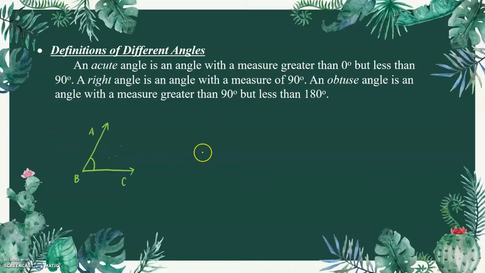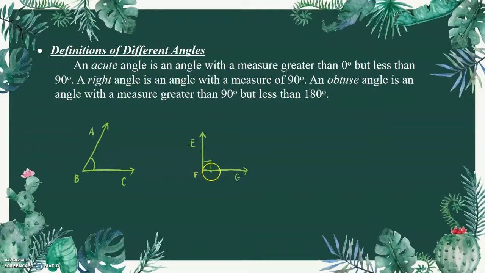Now, a right angle is an angle with a measure of 90 degrees. So, this is a right angle. So, this is angle EFG.